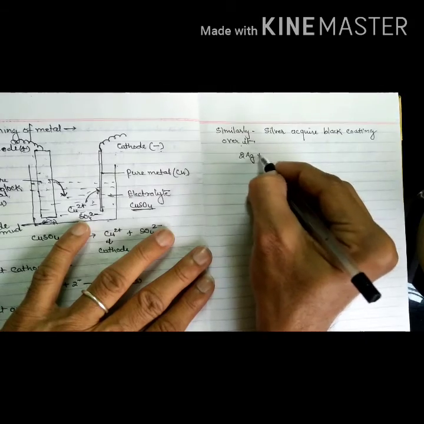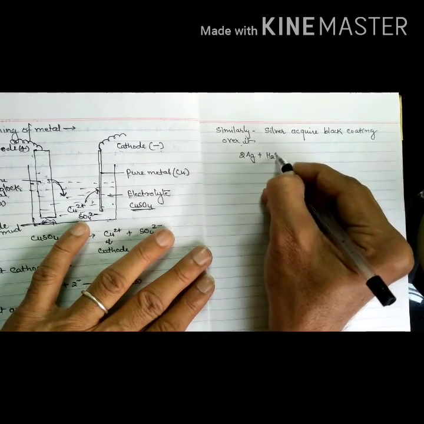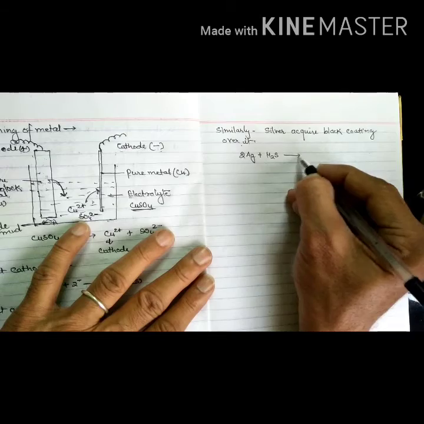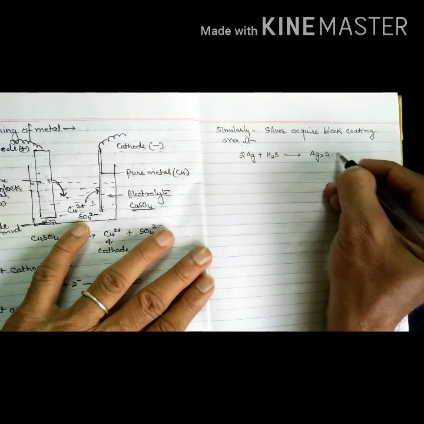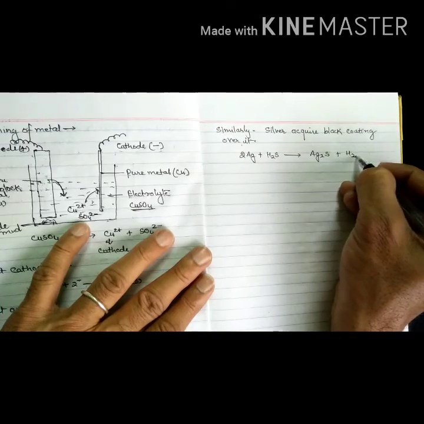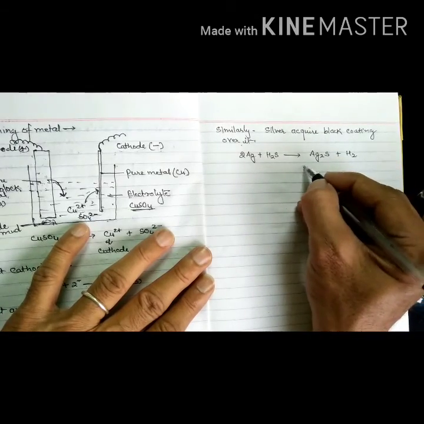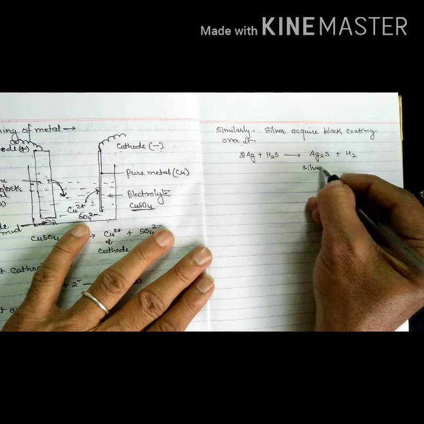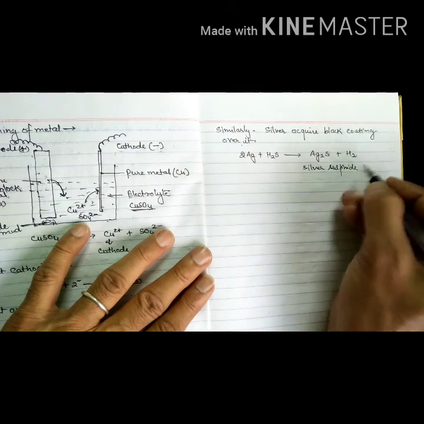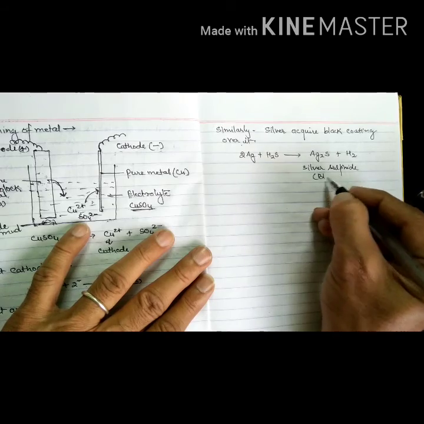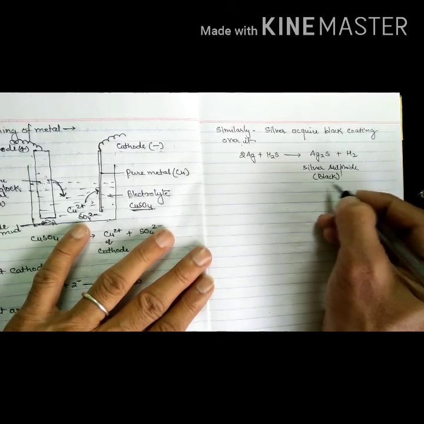Silver with S2 gives Ag2S, silver sulfide, and this is the black coating.